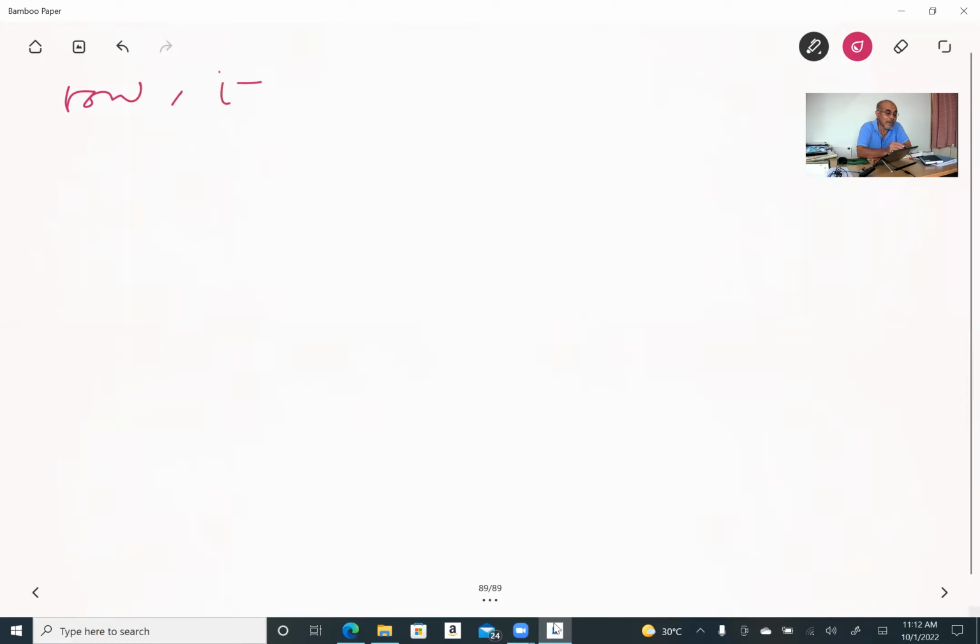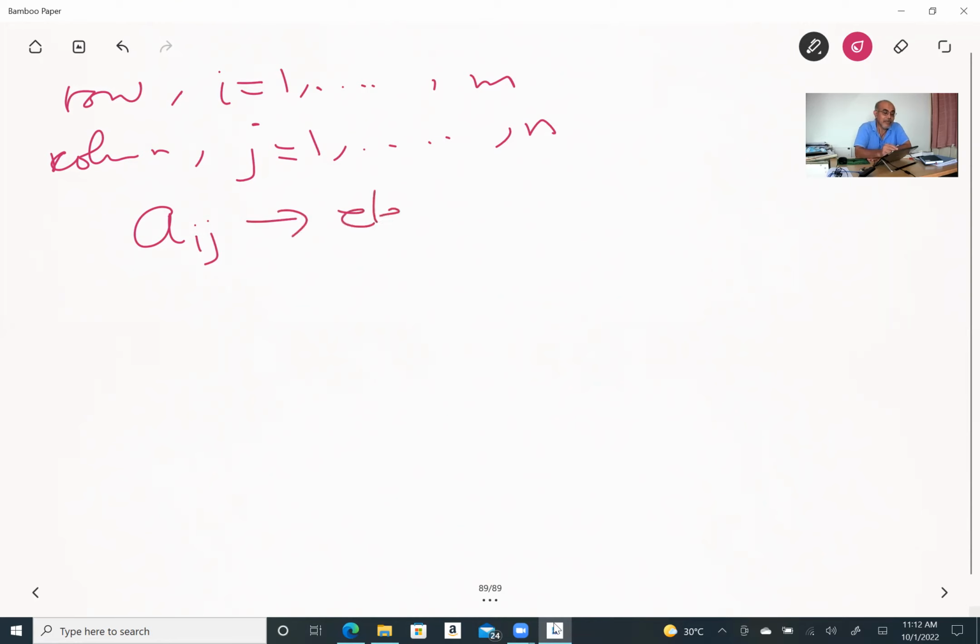So we call it I. The general row is I from 1 up to M. And then the column, general number of column, call it J from 1 up to N. Now the element of any matrix, we call it Aij. So here is the element or number in row I, column J, whatever they are.